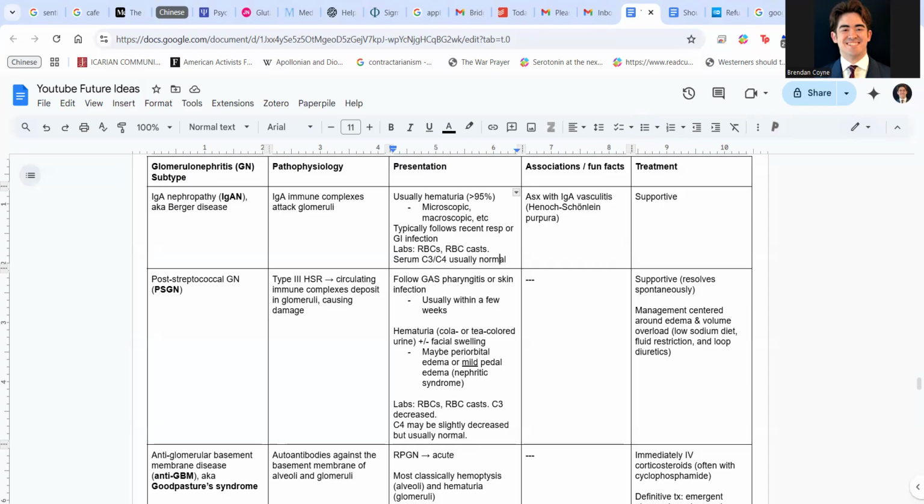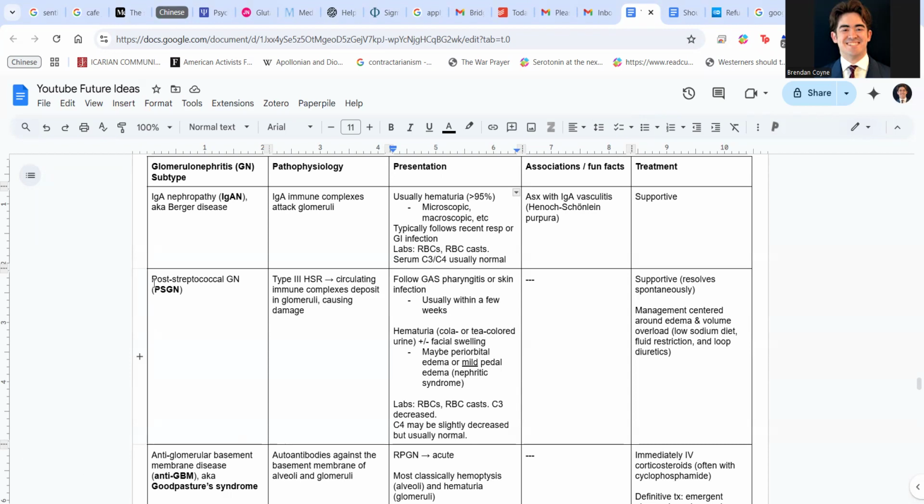So if you have a patient with abdominal pain, palpable purpura, arthralgias, and hematuria, and we're asked what the cause of the hematuria is, what do we say? IgA in the glomeruli. Just keep in mind, IgA vasculitis doesn't need to present with IgAN, and vice versa. IgAN does not need to present with vasculitis. It's just a potential association you might see.